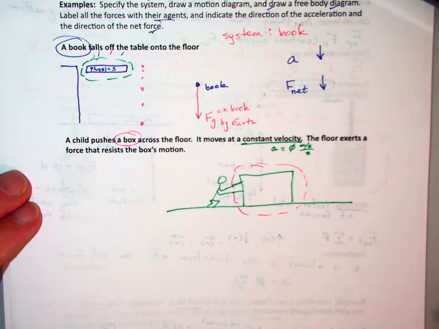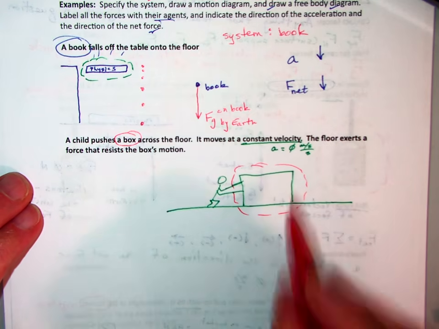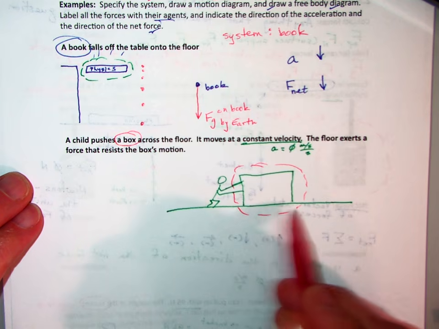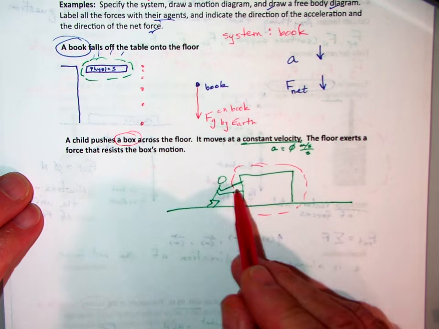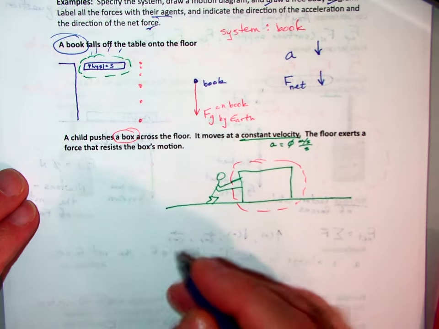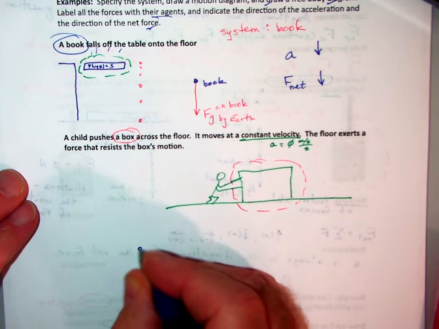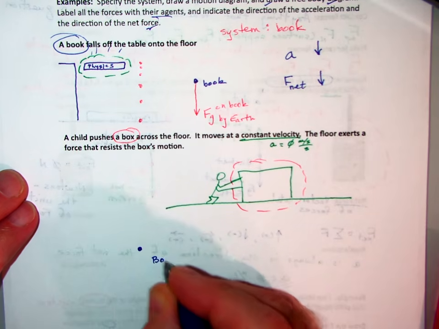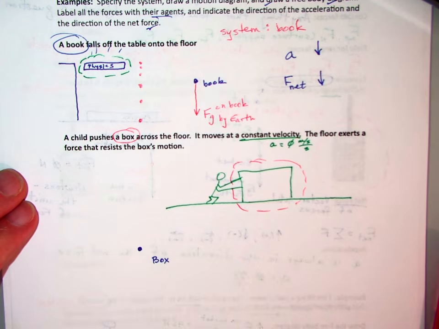We circle the system so we can identify what breaks the system circle. And in this case, the system circle is broken by two things, the floor and the child pushing on the box. So our free body diagram, again, begins with a dot indicating our system, the box.